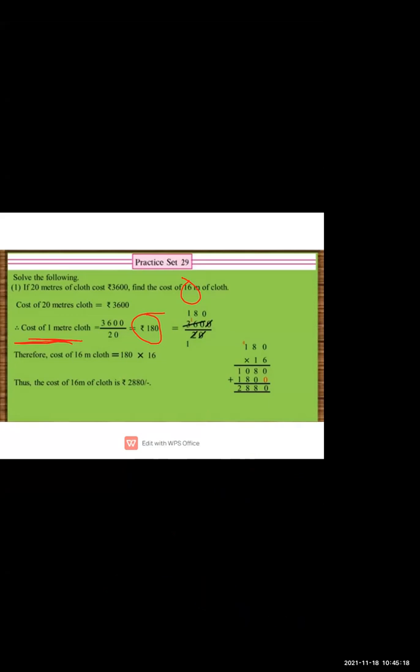So the cost of 16 meters of cloth is 2880.